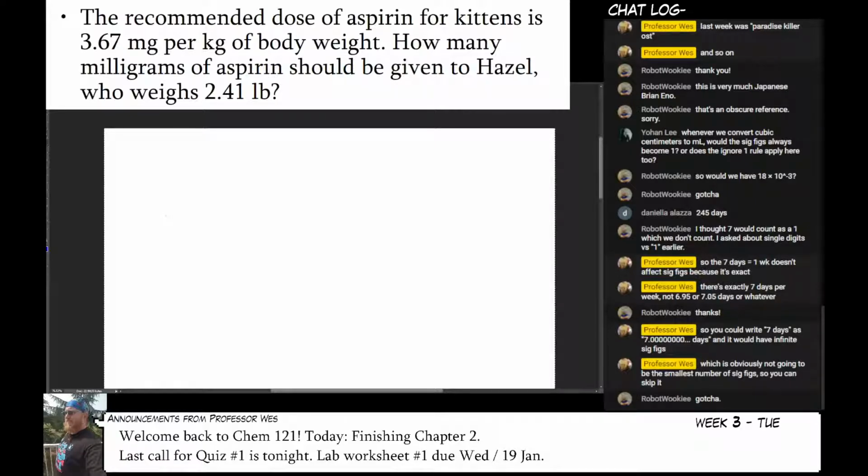All right, so I know that I can give 3.67 milligrams of aspirin. Not aspiring. Aspirin. Per, which is a division symbol, kilogram of cat weight.